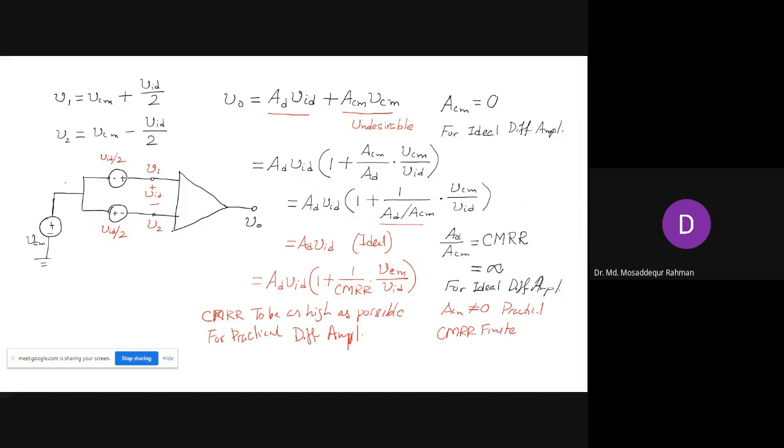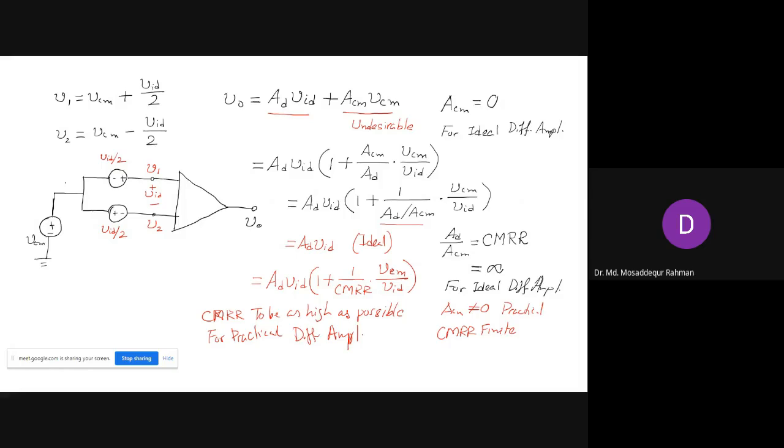These are the parameters. And a differential amplifier will also have those performance parameters, the same that we have for the single input amplifier. And along with those, we have another performance parameter for the differential amplifier, that is the common mode rejection ratio, and that is an important performance parameter for the differential amplifier.